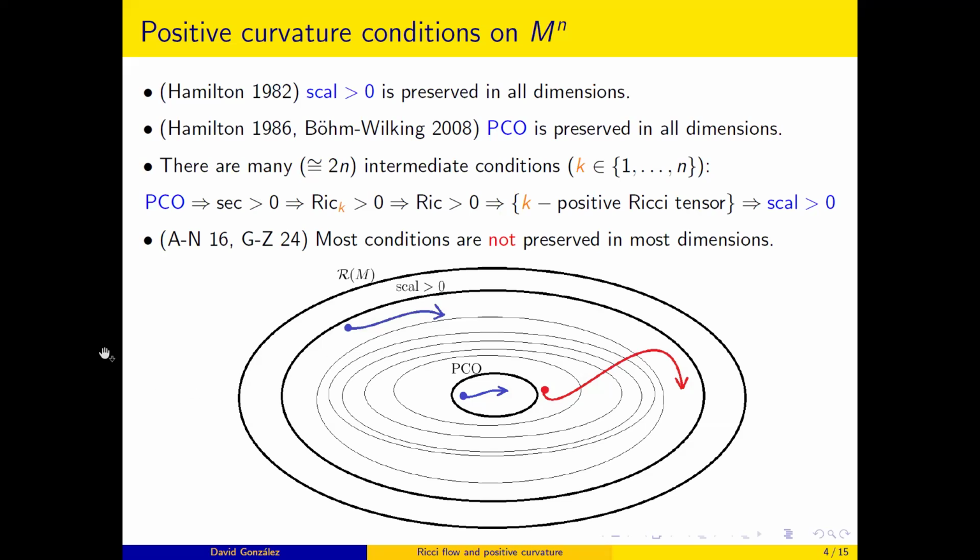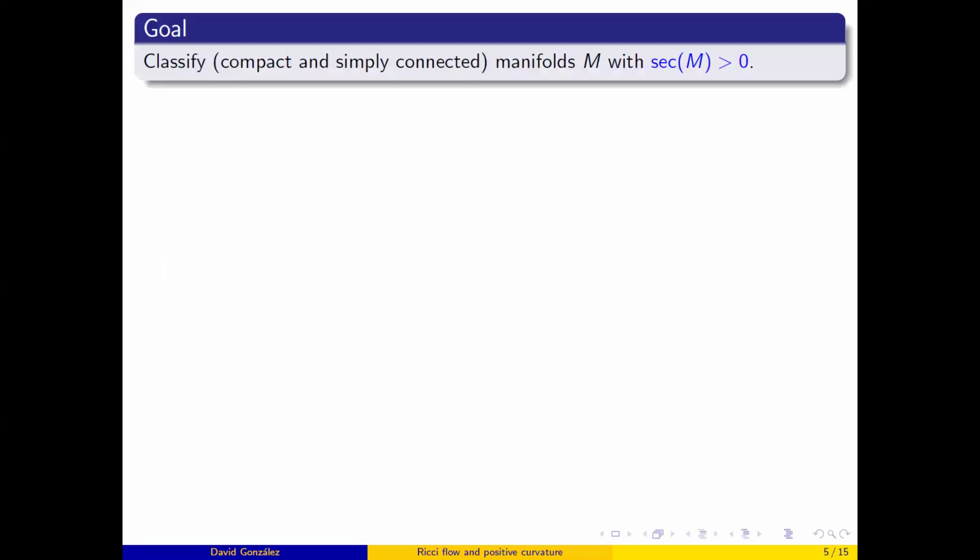Okay, so this is a slide about positive curvature conditions, but from now on, I want to focus on positive sectional curvature. So for the moment, I will forget about the Ricci flow and just speak a little bit about manifolds of positive sectional curvature.